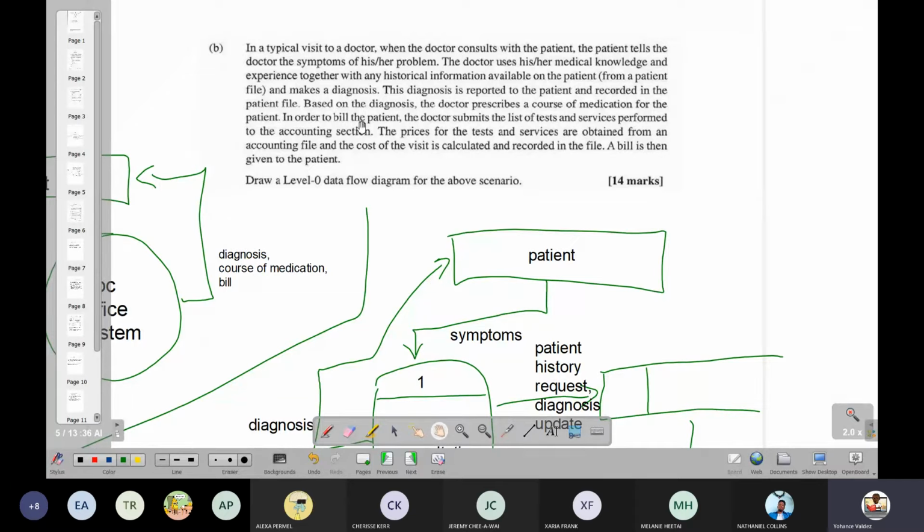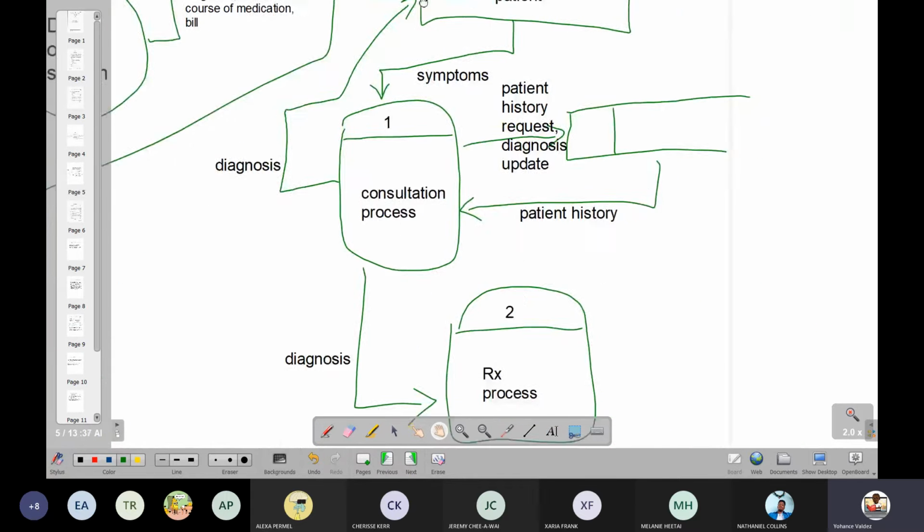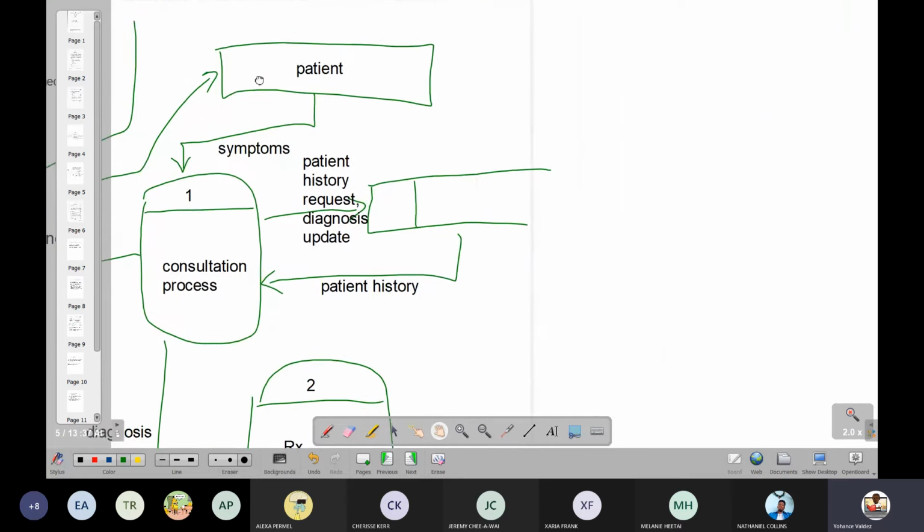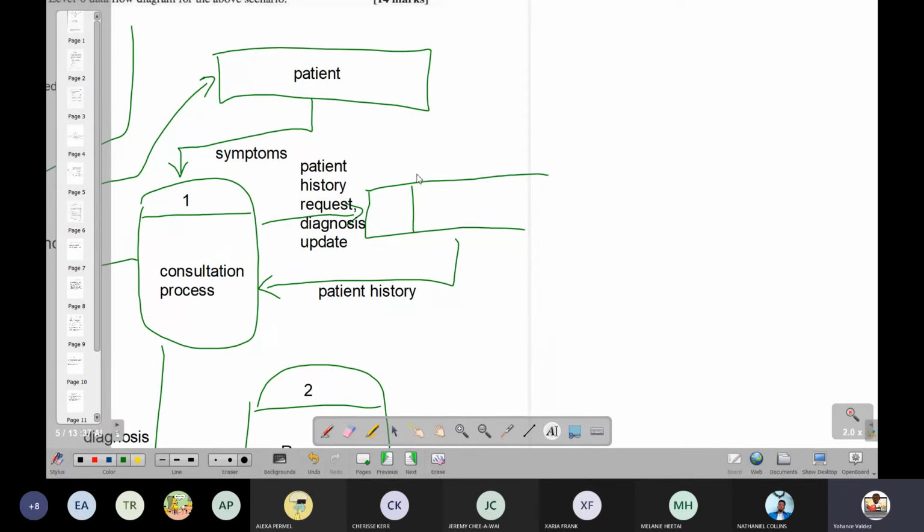In order to bill the patient, the doctor submits a list of tests and services performed to the accounting section. So the prescription process, right? Oops, I did not put the name of this patient file here. And of course, you have to label it.